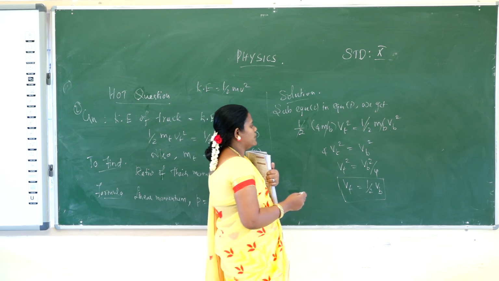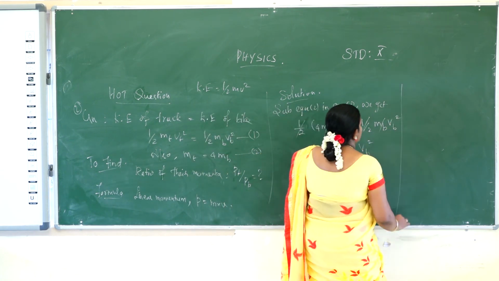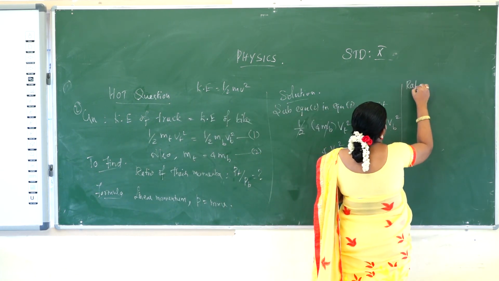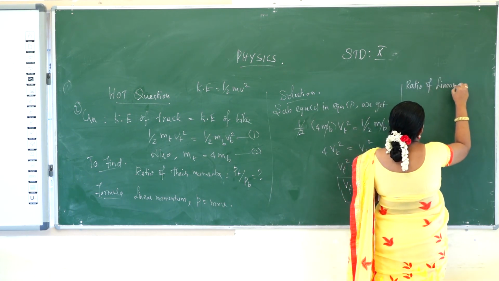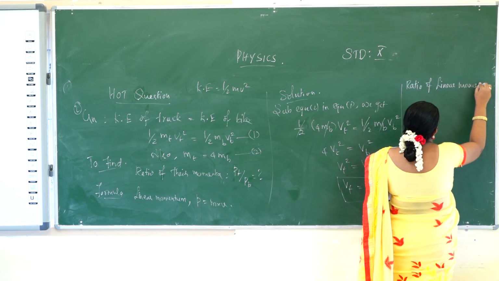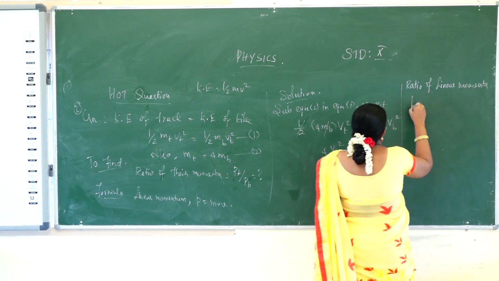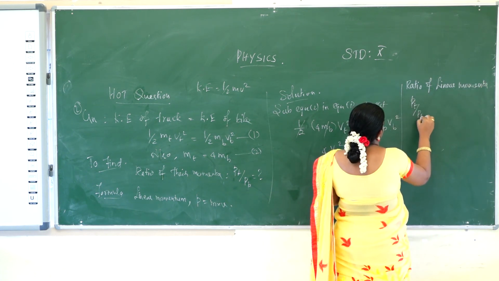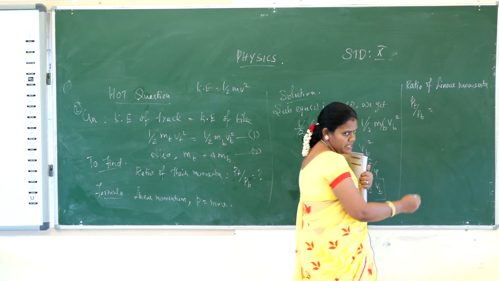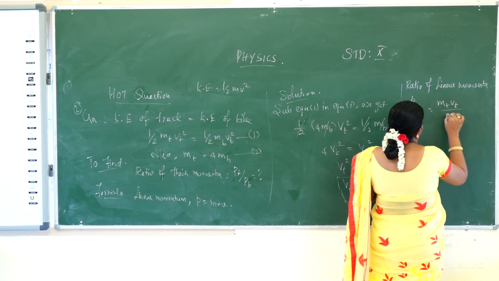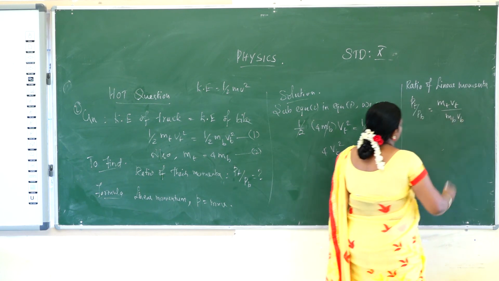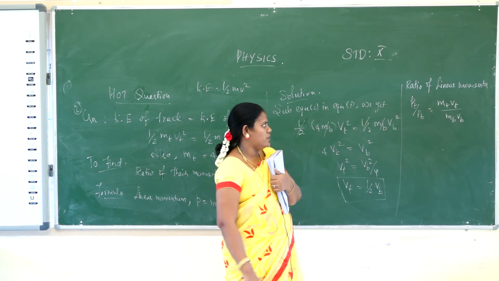How will you calculate the ratio of the linear momenta? Pt by Pb is equal to mt vt by mb vb.